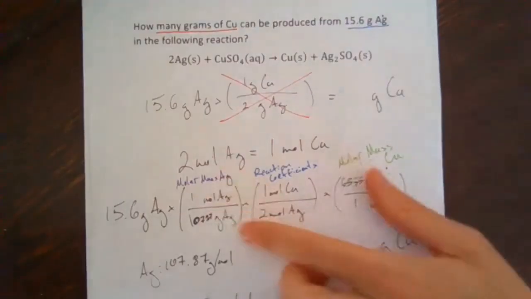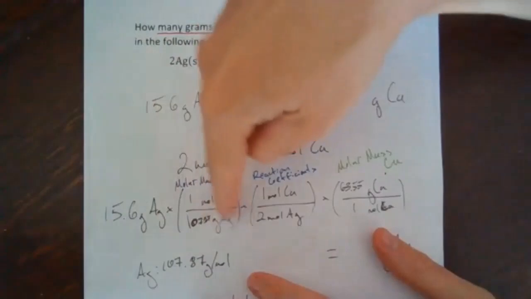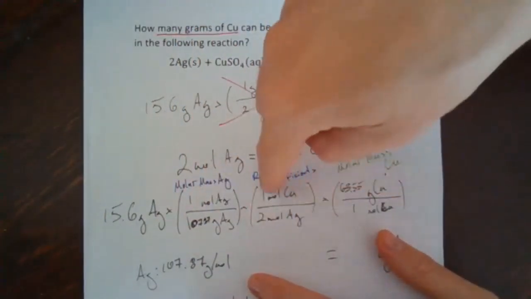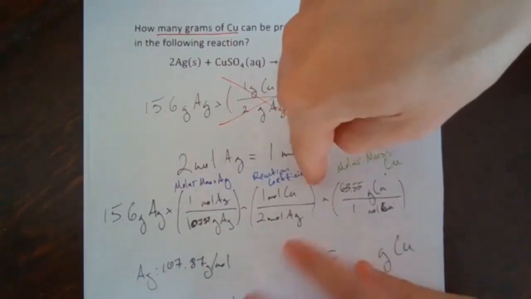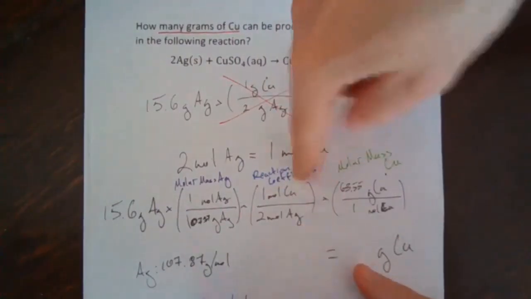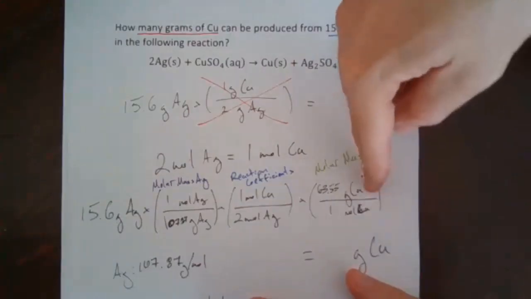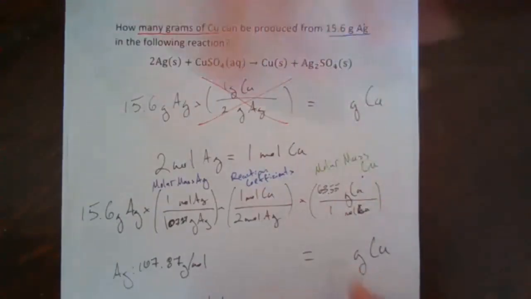So this molar mass, functionally what we're doing is we take the mass of silver, and we turn it into moles of silver. Then once we're in moles, we can use our reaction coefficients to get into moles of a different substance, in this case copper, and then use the molar mass of that to get into grams of that thing. And this would be functionally what's useful, right?